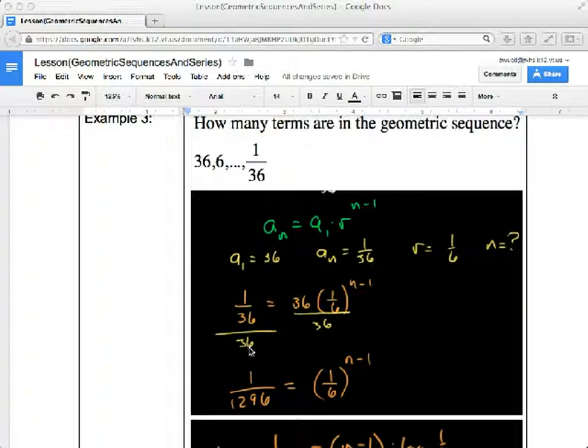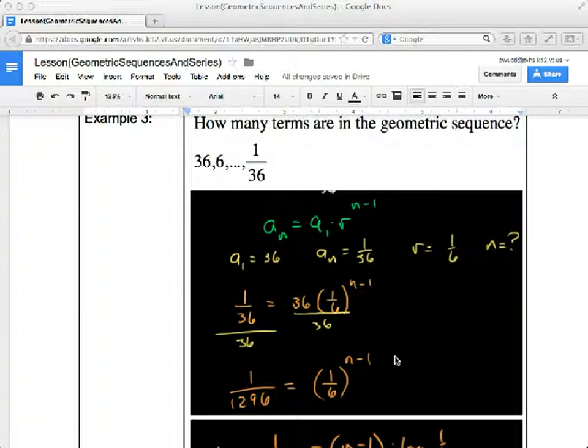Yeah, multiplied by another 1 over 36. So it's 1 over 36 squared. So 1 over 1296 equals 1/6 to the n minus 1.